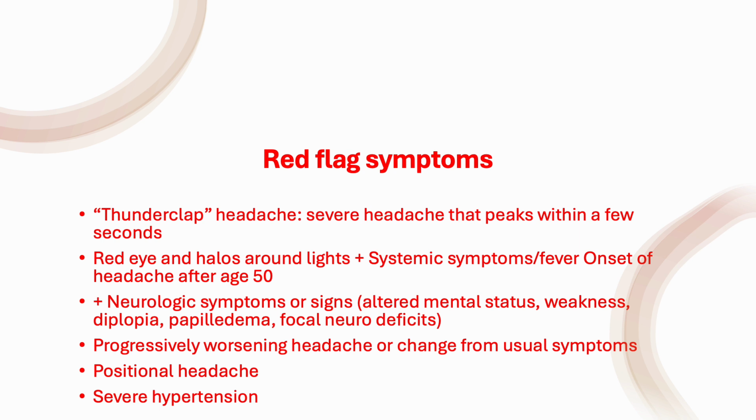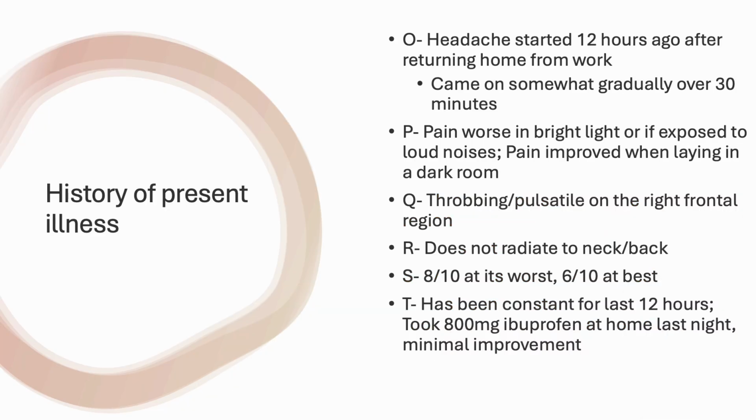Headaches that change with position may indicate that maybe the patient has changes in intracranial pressure, may have too much or too little cerebrospinal fluid that might be contributing to the fact that they have a headache. And anybody that has severe hypertension along with the headache, that could be a sign of a hypertensive emergency and requires a little bit more immediate intervention in those cases.